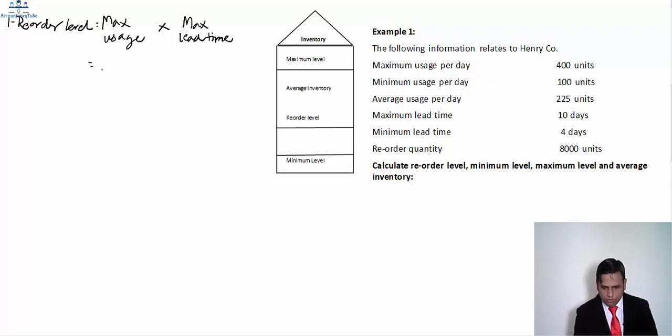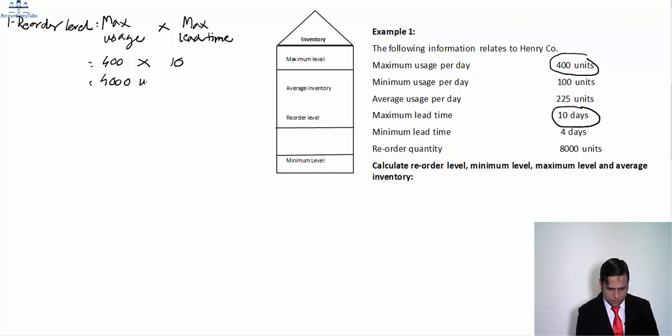Now the maximum usage over here is 400 units, that is the maximum usage per day is 400, and the maximum lead time is 10 days. We are using these two figures just for the indication, and this becomes 4000 units.